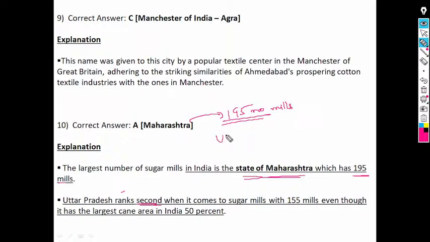Uttar Pradesh is second rank when it comes to sugar mills, near about 155 numbers, even though it has the largest cane area in India, basically 50%.